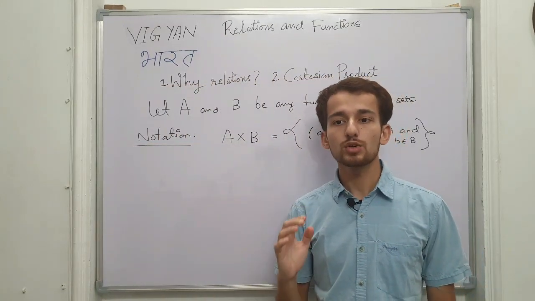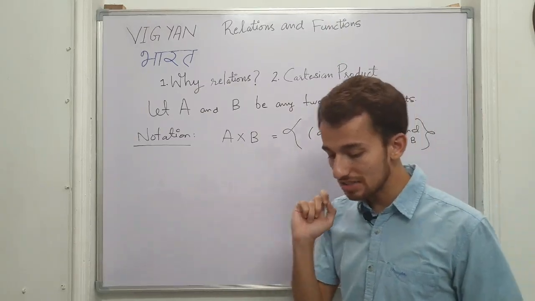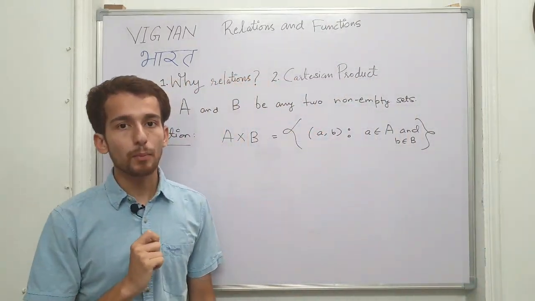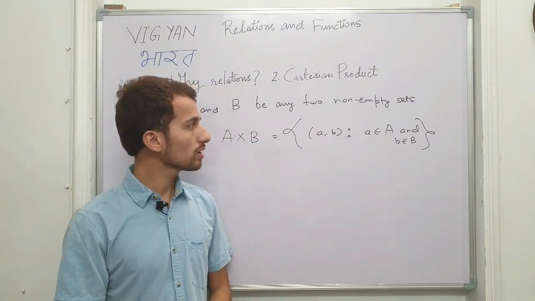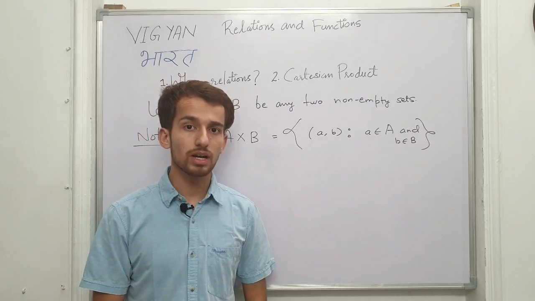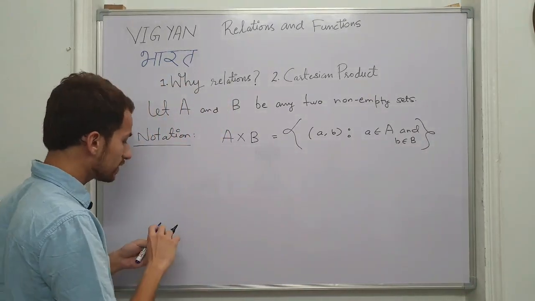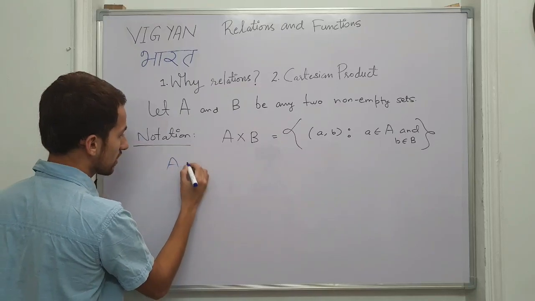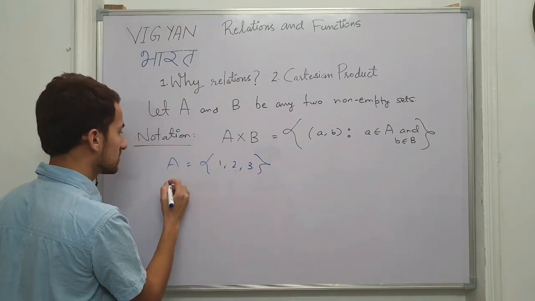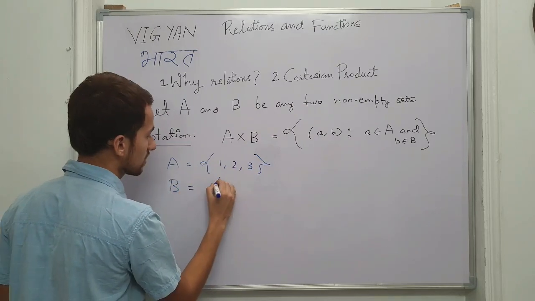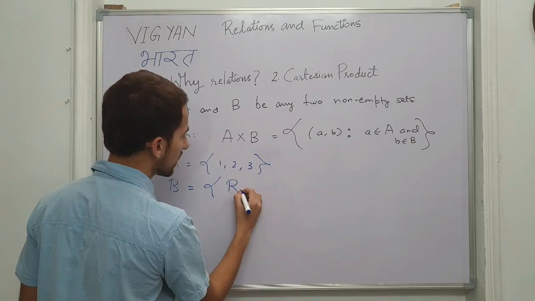If we are given any two non-empty sets A and B, then this is how the Cartesian product is defined in terms of the set theoretic notation. Before understanding this, let me give an example. Suppose A is the set {1, 2, 3}, and let's take B to be the set with two names, Ram and Sham.